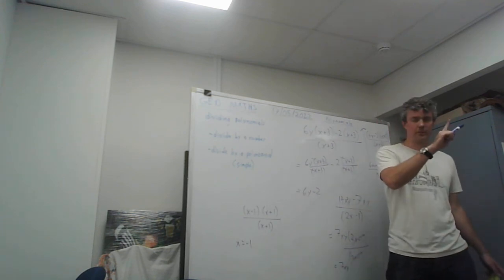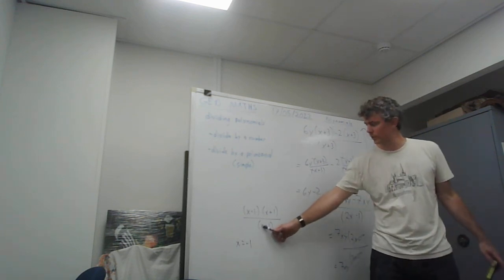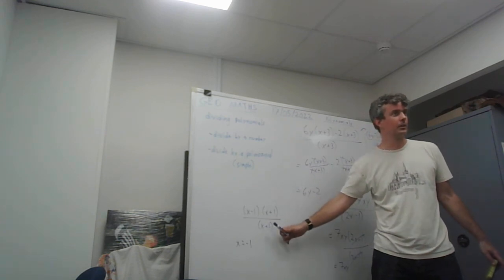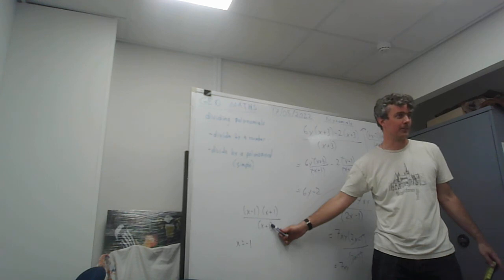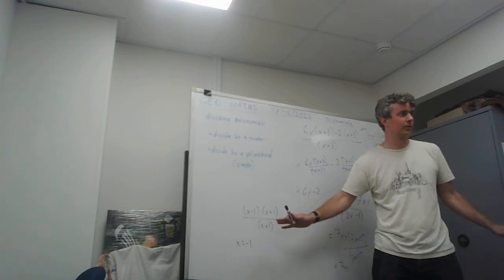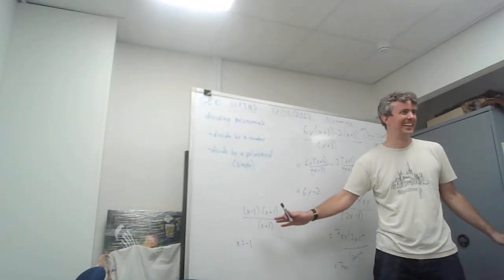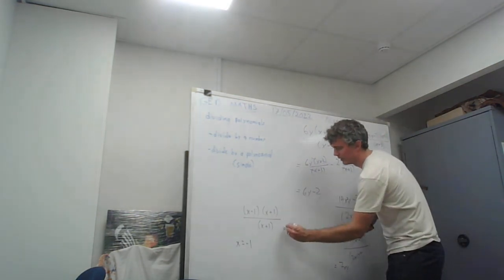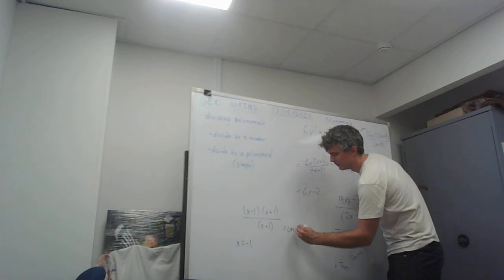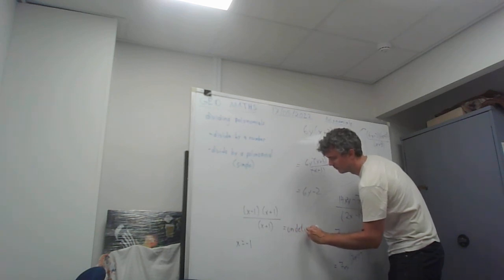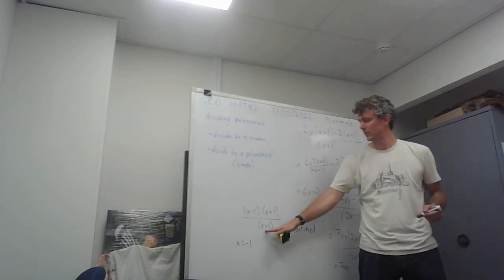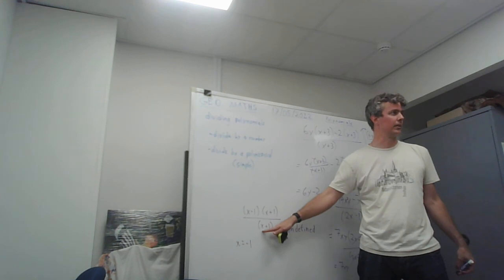But there's a problem. Because what if we just put it straight in? Minus 1 plus 1 is 0. And if we divide by 0, what happens? The computer crashes. So actually, the answer to this is undefined, because even though we can simplify it, we're starting with something that's dividing by 0.